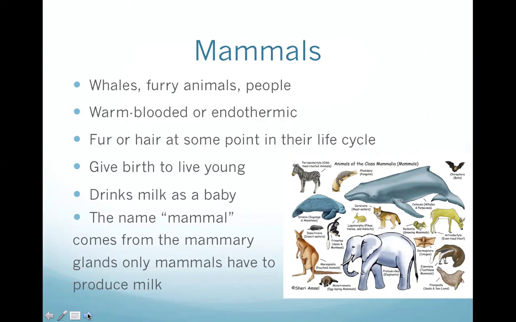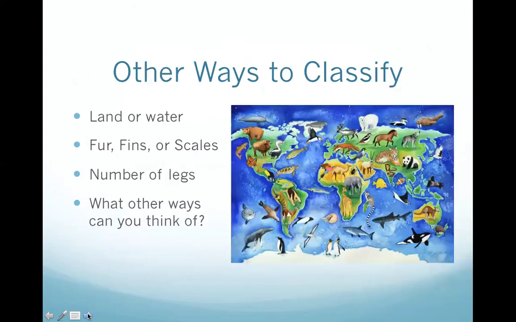They give birth to live young, but the most defining thing for a mammal is that when they have a baby, the baby is going to drink milk from their mother. The name mammal actually comes from the special mammary glands that only mammals have to produce milk. It's kind of another little fun fact there.